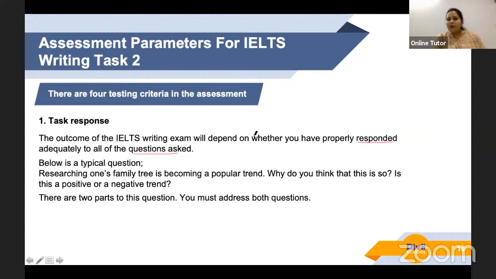It is very important to attempt all the parts of an IELTS question. There could be some subparts in the essay, and it is mandatory to attempt or to answer all of them. So you will be allotted marks depending upon whether you have properly responded to all the questions that have been asked.